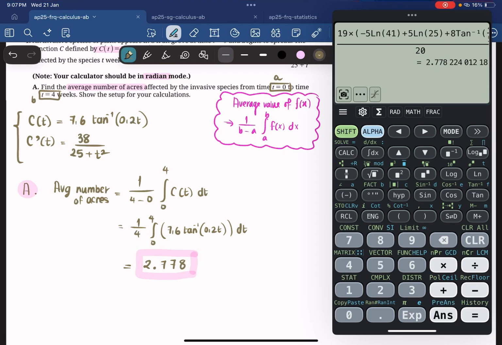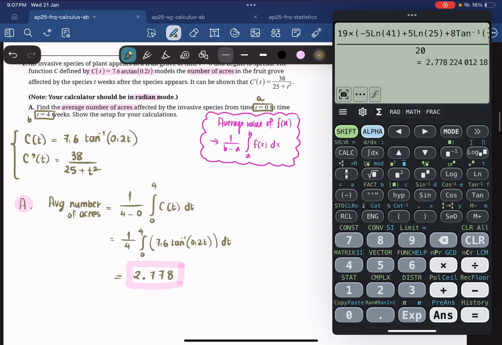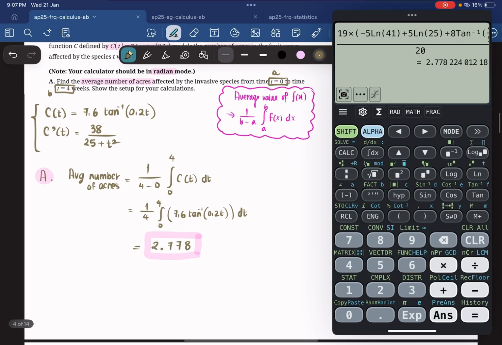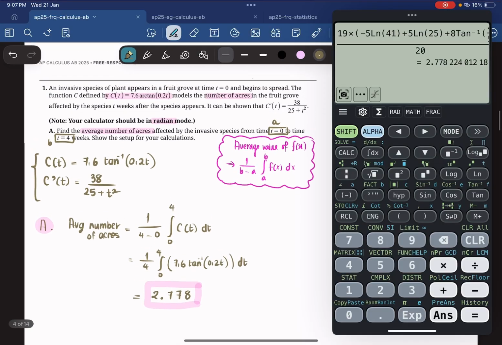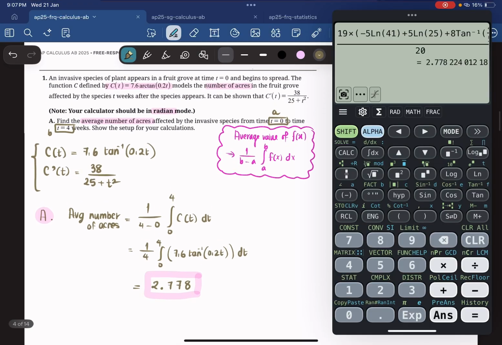Of course you have to write it as a full sentence. What did they ask? Find the average number of acres. So let's write it down.